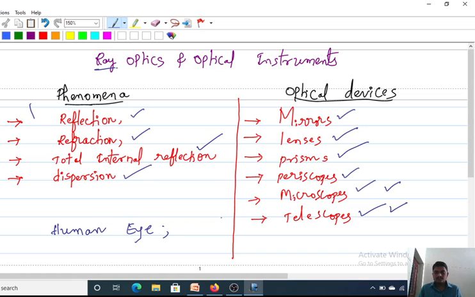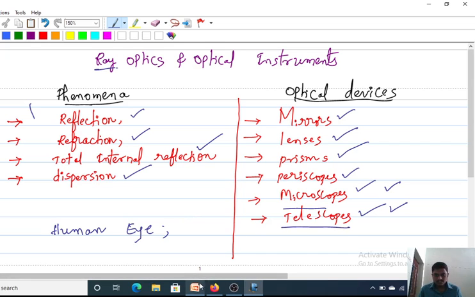In this class we'll discuss the structure and working of a human eye, and defects that arise in the vision of a human eye, and their correction also. In the next classes we will discuss the principle and working of microscope and telescopes.